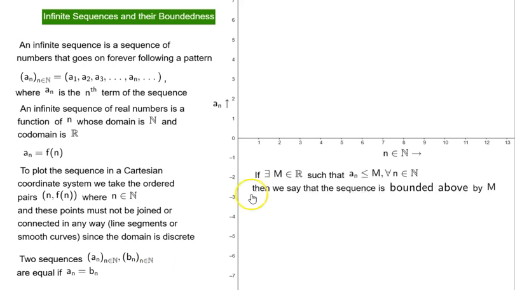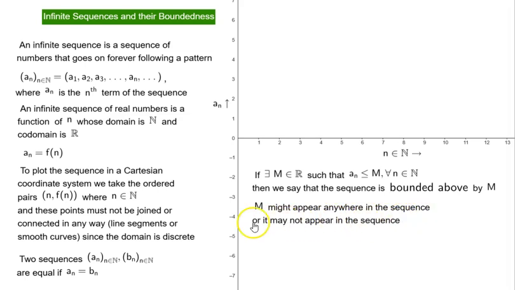Now, if there exists M in real numbers such that a sub n is less than or equal to M for all n in the set of natural numbers, then we say that the sequence is bounded above by M. So here, none of the terms is greater than M. Now, M might appear anywhere in the sequence or it may not appear in the sequence.